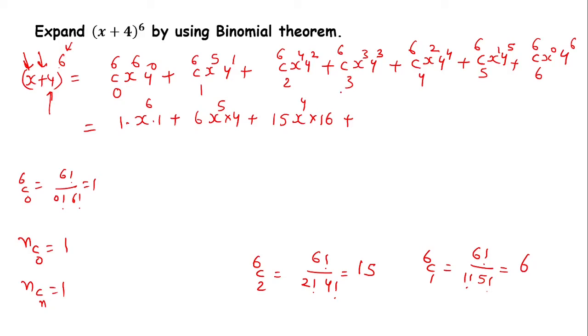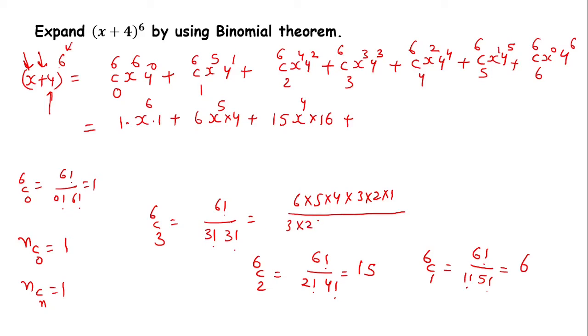6c3. How do you simplify 6c3? 6 factorial, then 3 factorial, then 6 minus 3, which means 3 factorial again. If you simplify this, I will get, I guess, 40. Let's see how. It won't be 40, it will be 20. Let's see. 6 times 5 times 4 times 3 times 2 times 1 over 3 factorial, 3 times 2 times 1.